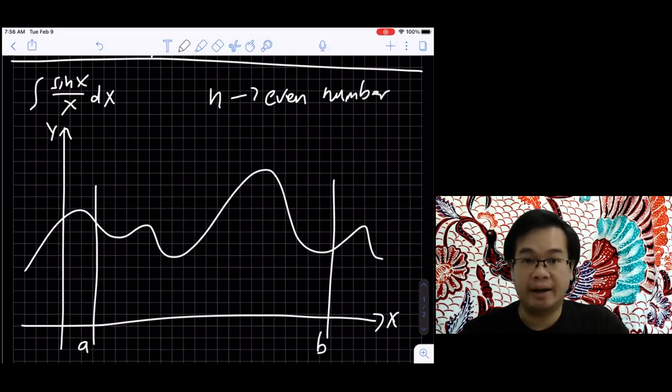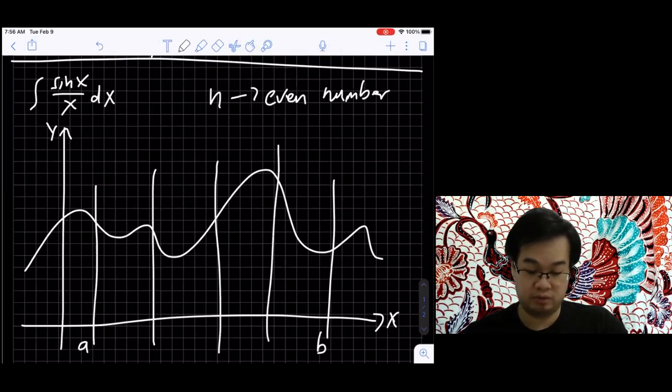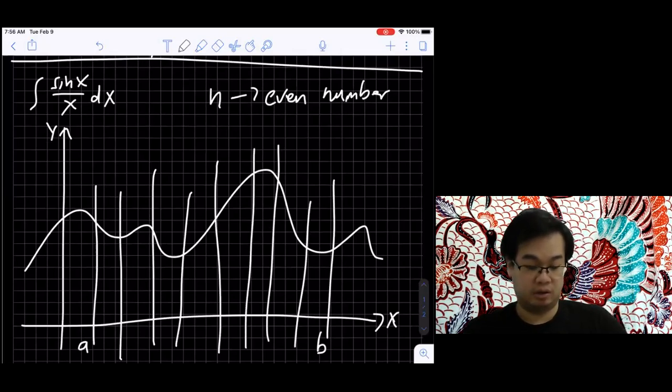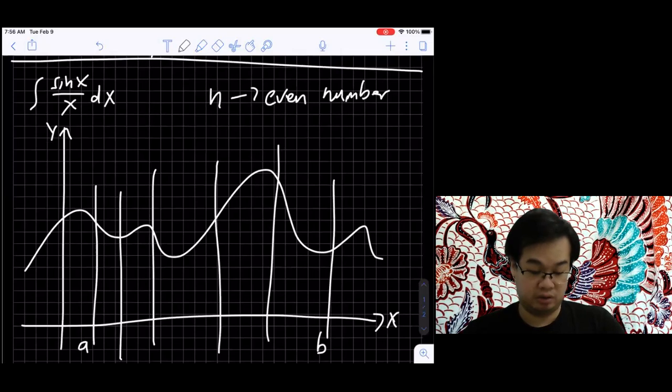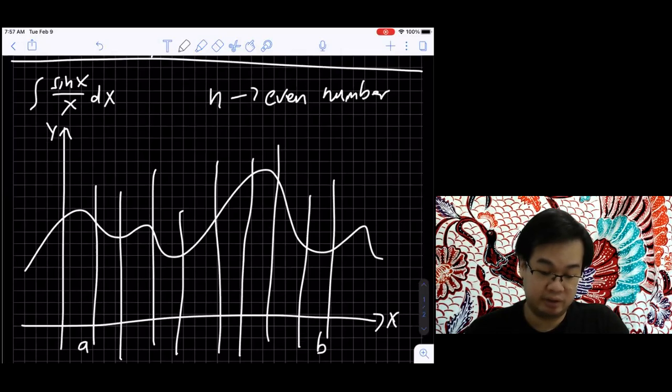Why? I will explain. So let's say in this case n is 8. So it's here, it's here, it's here, it's here, here, here. Okay, the delta x is not really the same, so let's try again. Okay, good enough. So there are 6 areas here, right?